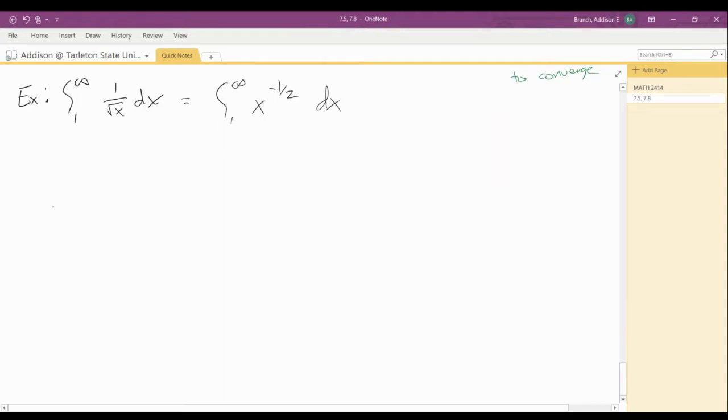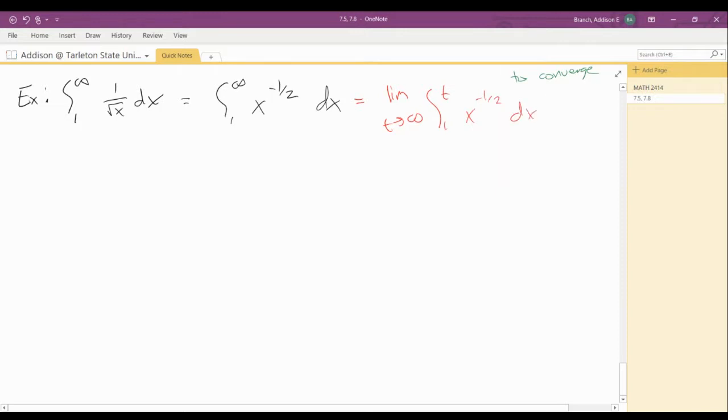So now we must rewrite this to take care of that infinity. So we're going to say that our limit as t approaches infinity of the integral from 1 to t of x to the negative 1/2 dx.